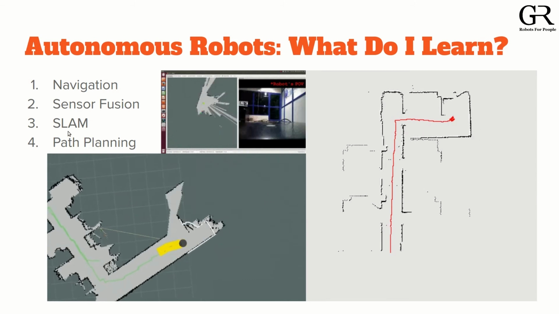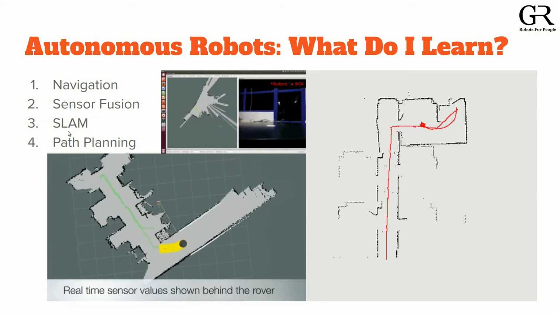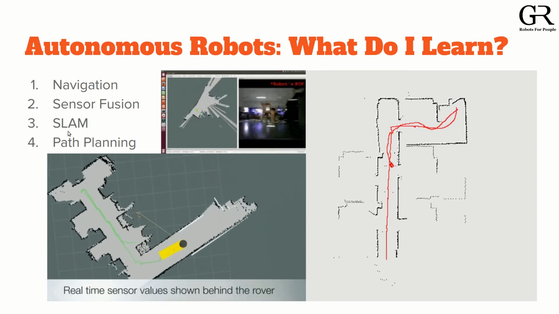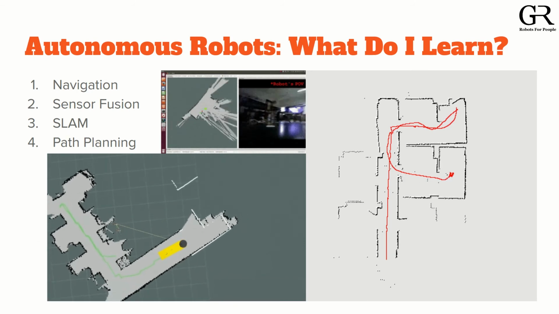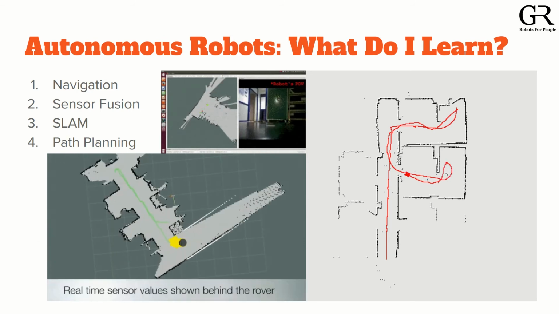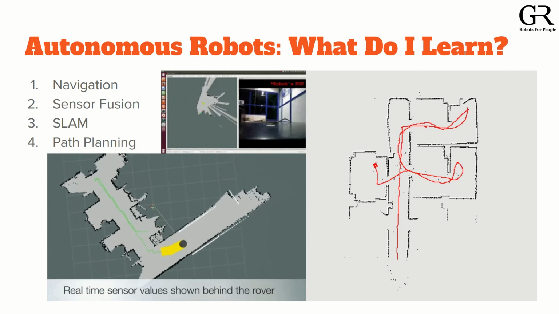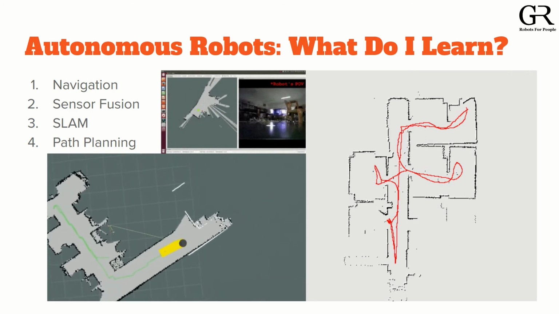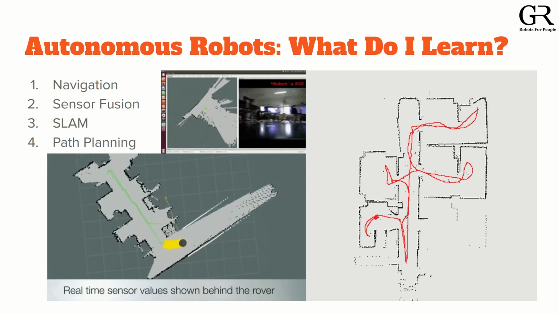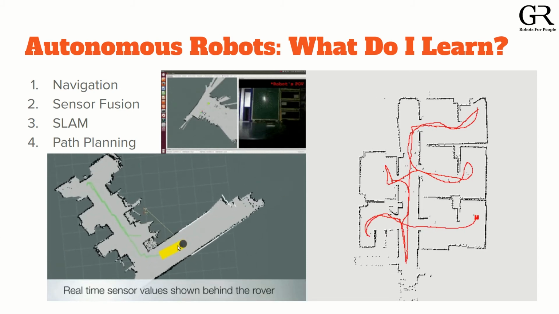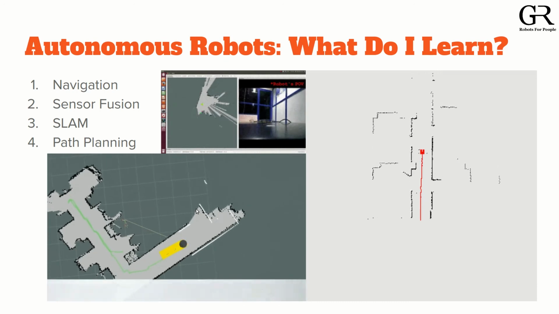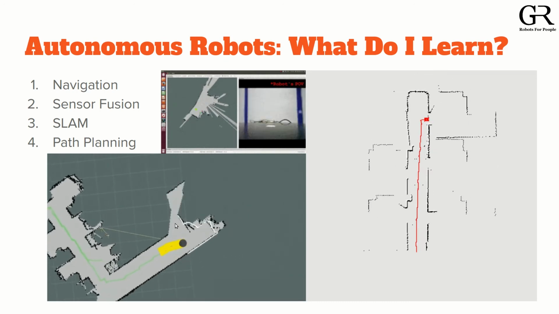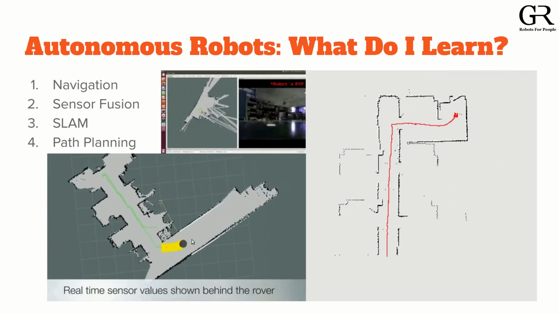The next one is SLAM. SLAM is a very core problem of robotics, that is simultaneous localization and mapping. With this approach, using your sensors, you have to take readings and observations of your environment. As you can see, this robot is observing exactly where it is traveling, and it explores everything as it travels through the path.